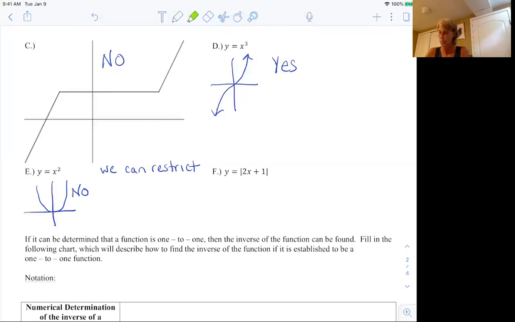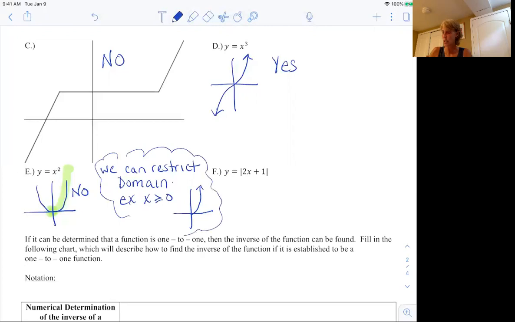Well, if I just look at the section of the graph for those x values, then I'm only seeing this portion of my graph, which is one-to-one. So this is just a special little add-on explanation of why you sometimes see that.